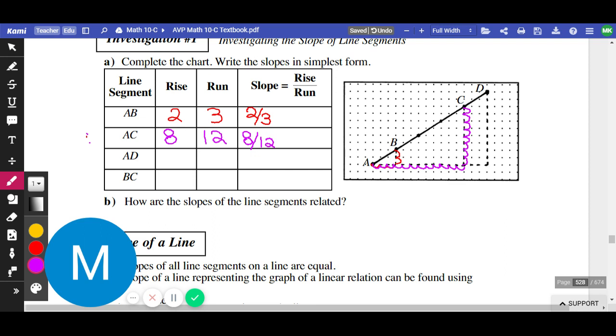If we look at our line over here, and we talk about the lines that we just measured. We measured the slope from A to B, which is right here. A to B. And then we look at the line from A to C, it's right here.